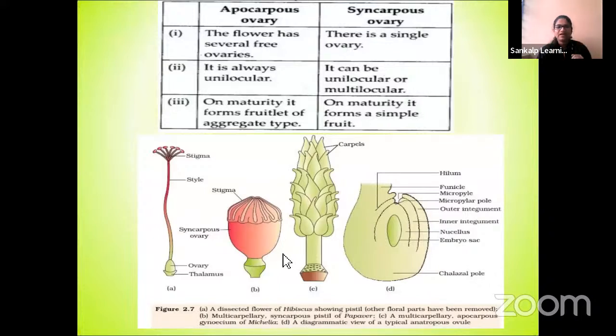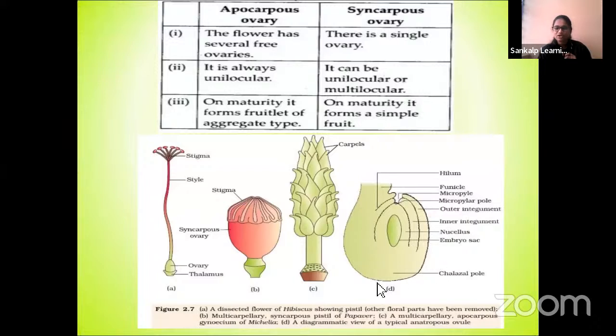That condition we call syncarpous ovary; syn means fused. In certain plants, like the Sampige tree, you can see multicarpel, meaning more than one unit of female reproductive part, and those will be free. So it is called apocarpous.